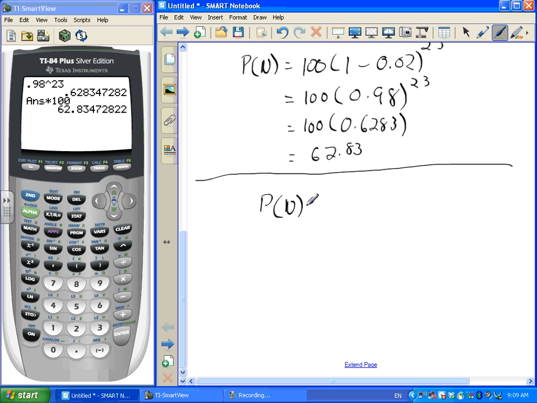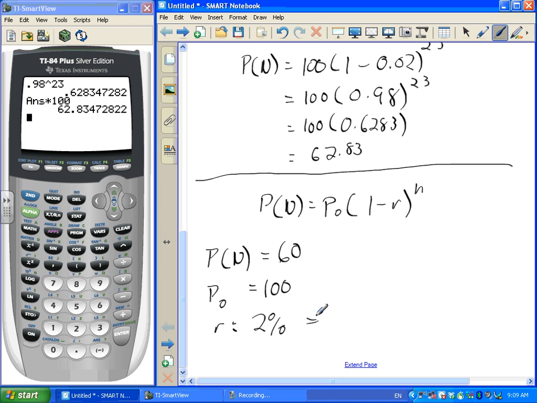P at N is equal to PO, 1 subtract R, to the power of N. If his camera's minimum requirement is 60% light, that means our P at N is going to be 60. We know that the P at O is 100%. We start with 100% light at the surface. That stays the same. Our rate of decay is still the exact same. It's 2%, and as a decimal, 0.02. What we don't know are the meters.